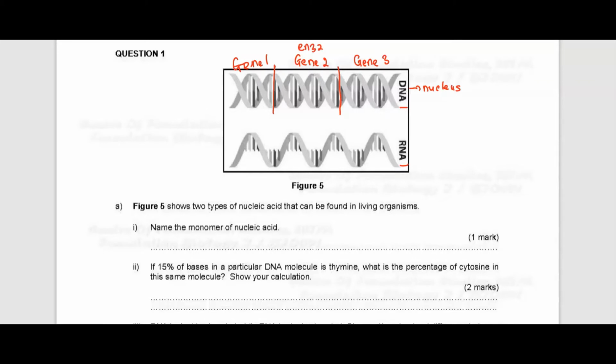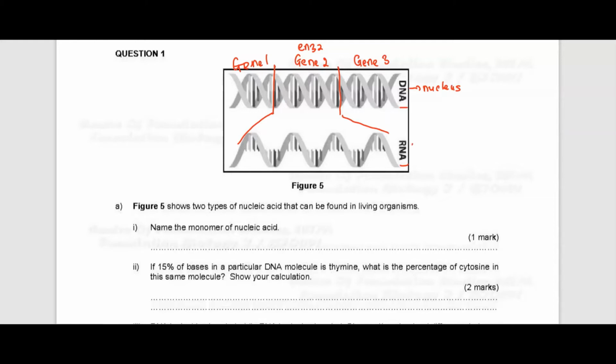The information in gene 2 has to be used to synthesize enzyme 2, but the synthesis of enzyme 2 occurs in the cytoplasm. So the information from gene 2 has to be copied into a smaller version, into another molecule. We call it RNA.